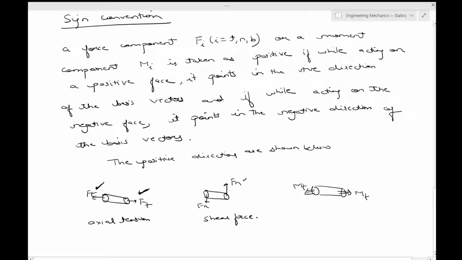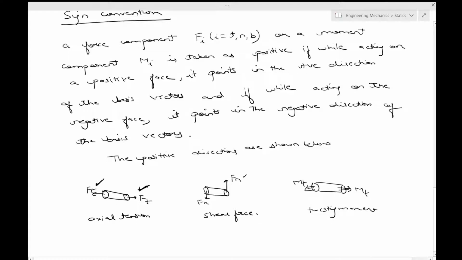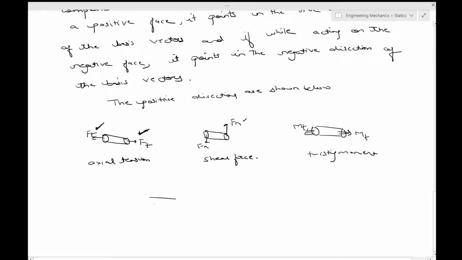Both of them are shown positive. And lastly we have Mn and Mb. Mn is a twisting moment, and Mb is the bending moment.